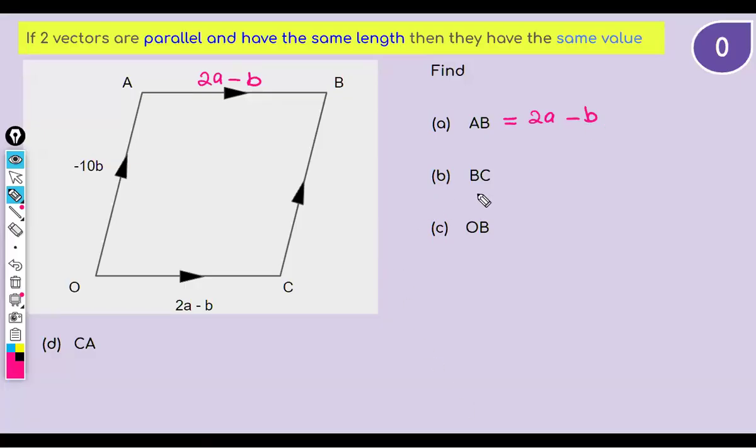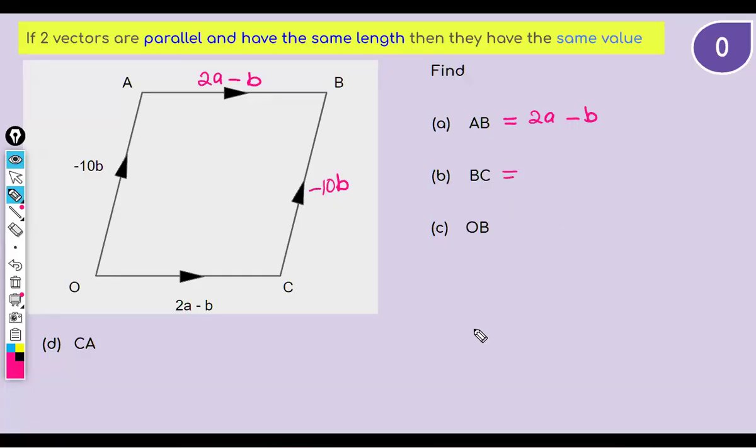Now, the second one tried to trick you. This vector and this vector are parallel. But look at the direction of the arrows, and the arrows make a difference. So that means OA and CB are the same value. Let me put CB on the diagram. CB and OA, because they are parallel and have the same length, they have the same value.